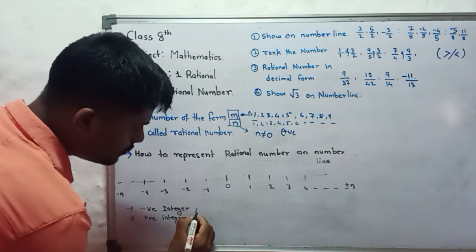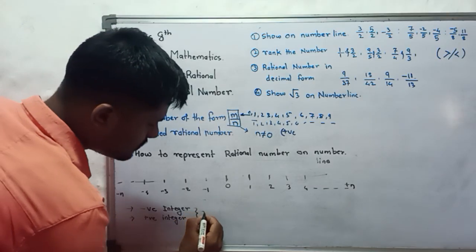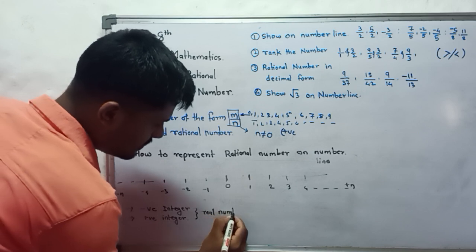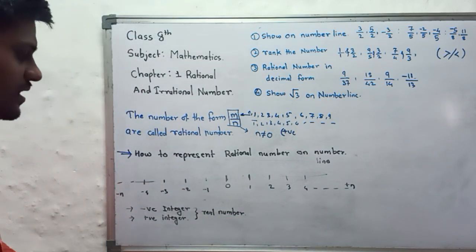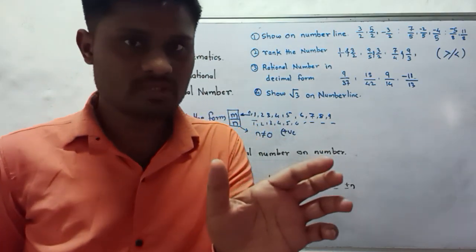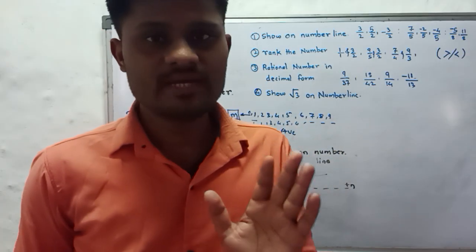And if we include zero as well, then we can say these are the real numbers. Real numbers have two groups: the first is rational and the second is irrational.